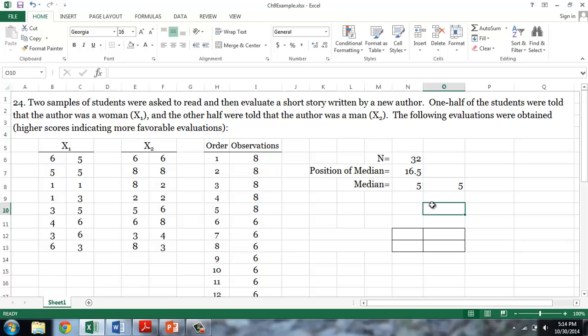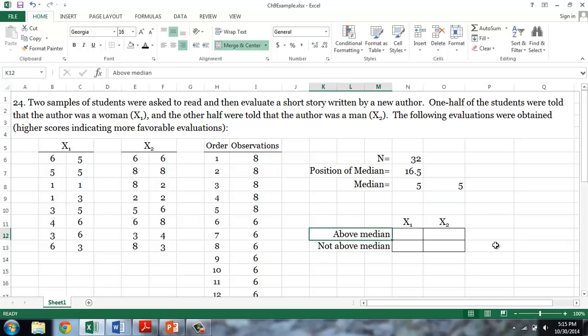In any case, we now know our median, and so we can go to the next step, which is to create a table that shows how many observations in each group are above the median and how many observations are below the median. So I've made a 2x2 table with the columns being each group and the rows being whether it is above the median or not above the median.